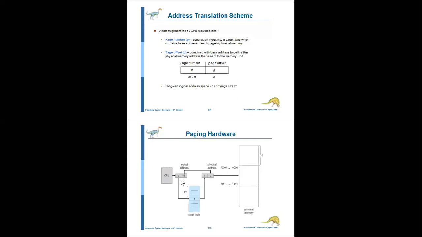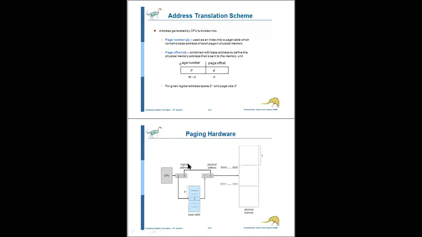The page number is used as an index into the page table, which contains the base address. Each page must be stored into the physical memory. Next, page offset.